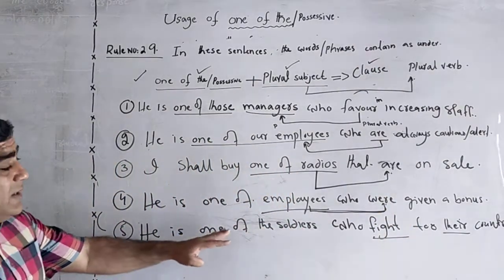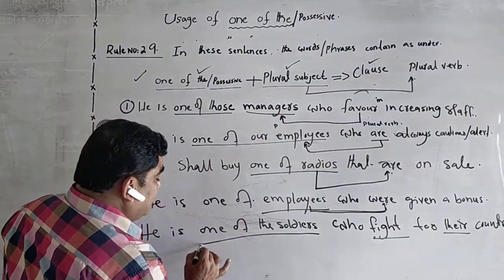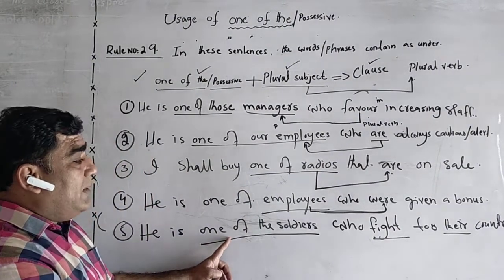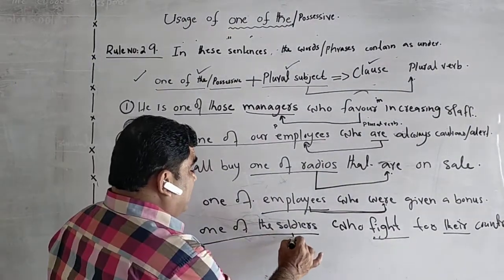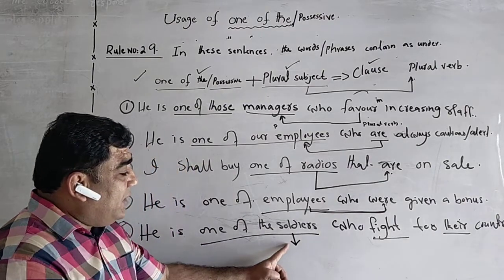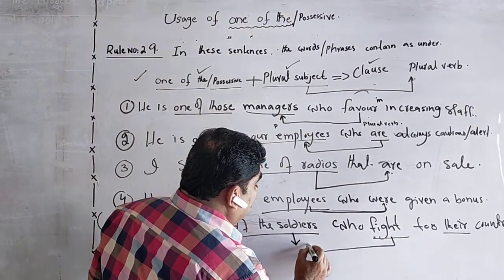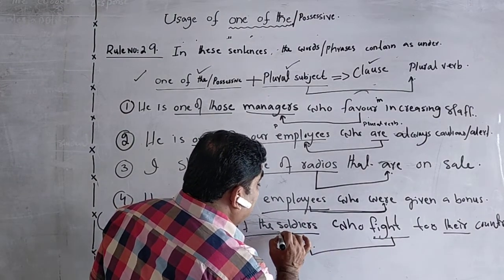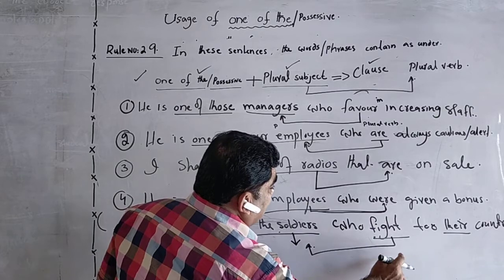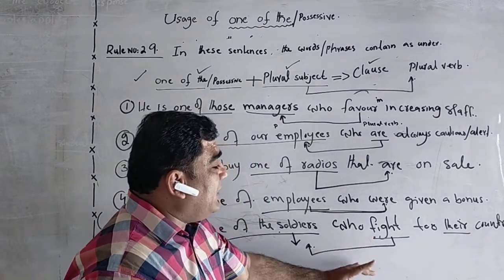Next one is, he is one of the soldiers. Not to think of "one of the," but we have to see only the last word of the sentence. Soldiers, a plural subject, agrees with the verb in this way.